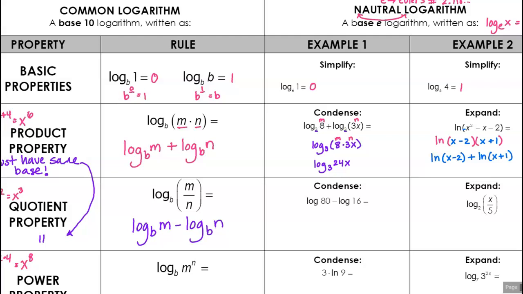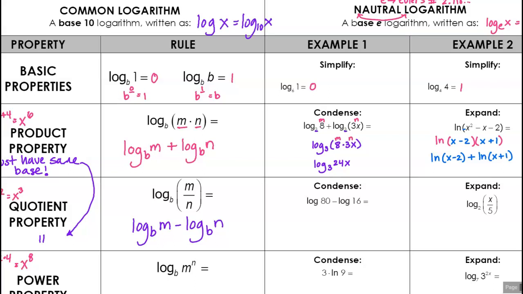Ten. Yes, 10. Anytime there is no base on a log, there is an invisible 10. This is called the common logarithm.